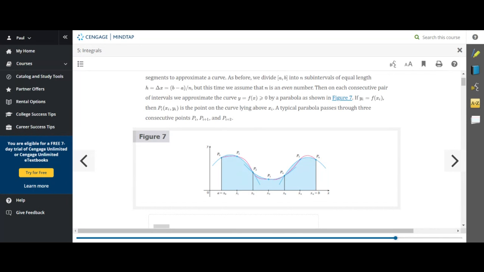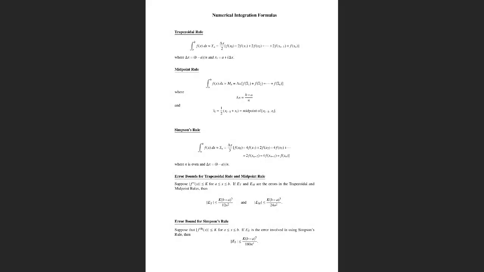And so for that reason, if I go back to the formula sheet here, you notice that the denominator in Simpson's rule is quite a bit larger than that in the midpoint rule or the trapezoidal rule.